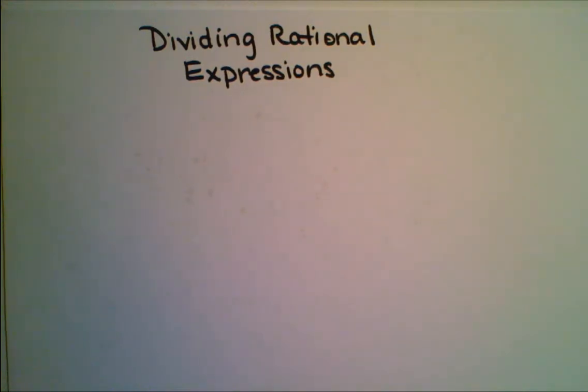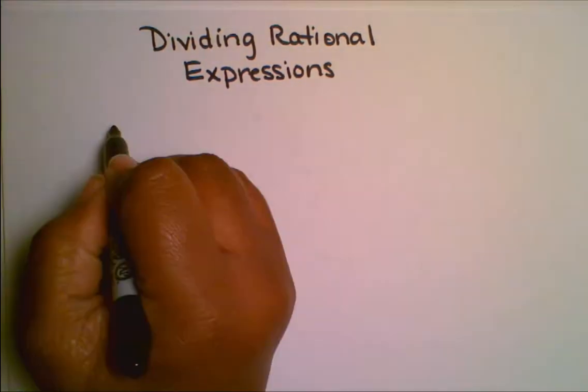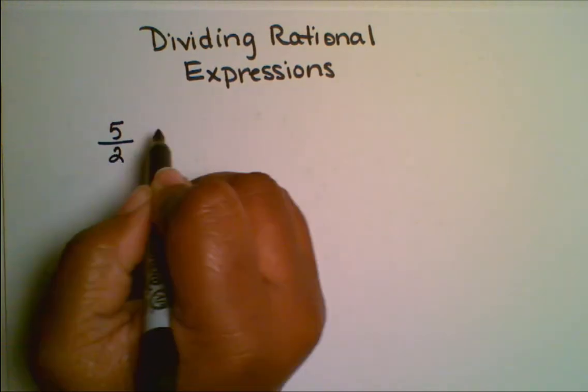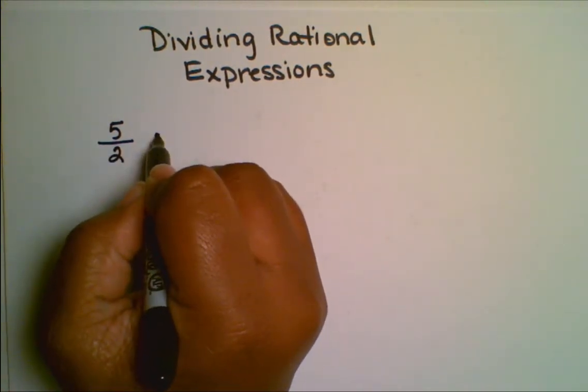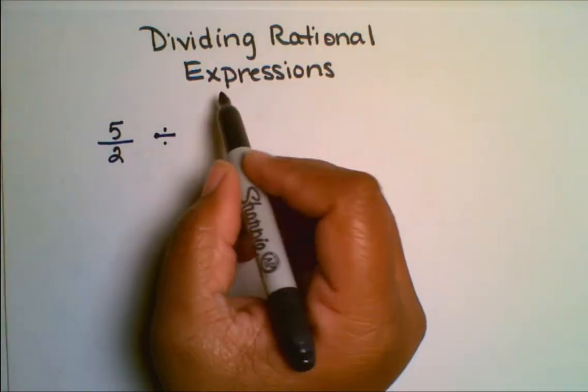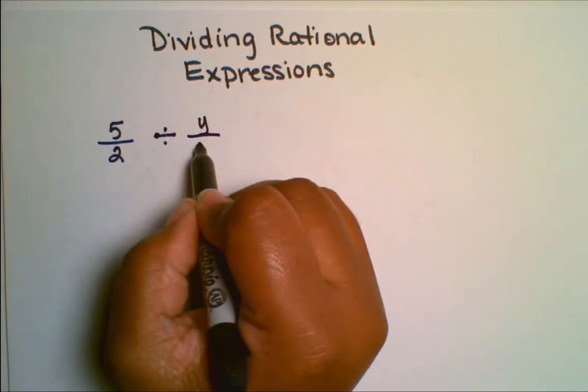But before we factor, we need to use the division rule where it says take the reciprocal of the second fraction. So if you remember dividing, let's take that example again where we had 5 over 2, and we divide by, let's say, y over 7.